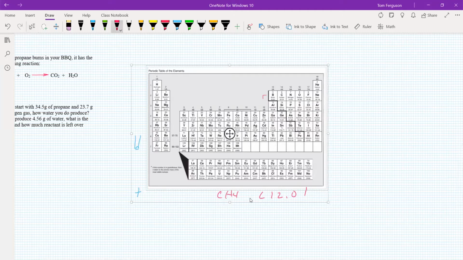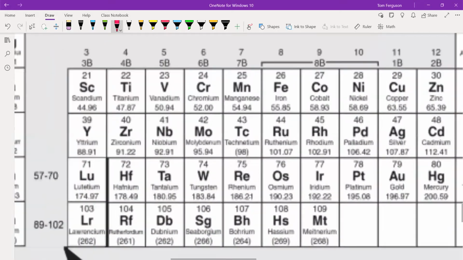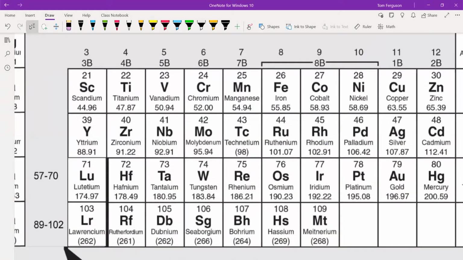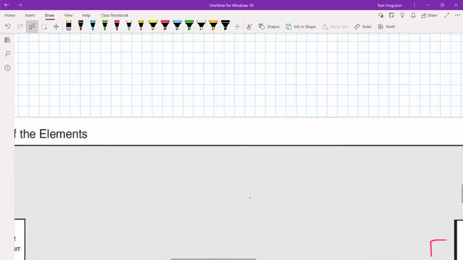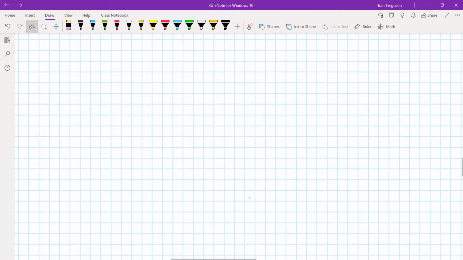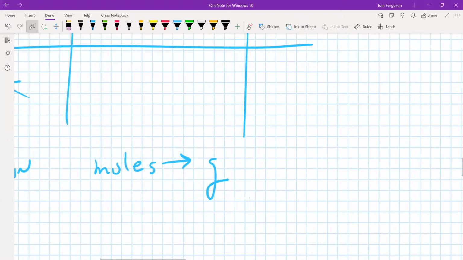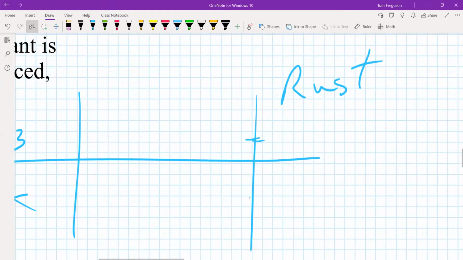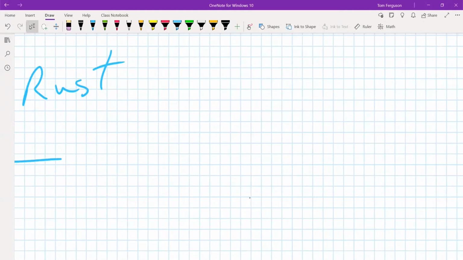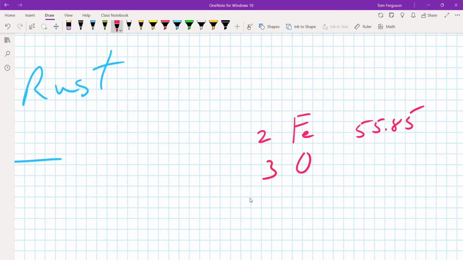Okay, so we need 2 irons, and iron is 55.85 a piece. We need 3 oxygens, and those are 16 a piece.